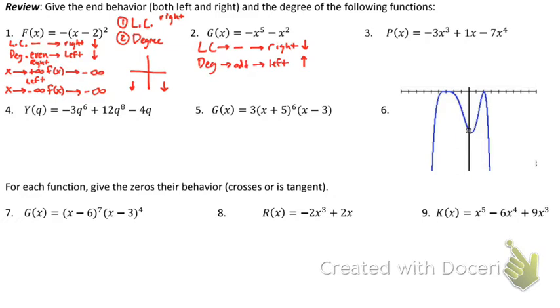So if I had to sketch this really quick, my right side goes down, but my left side goes up. Okay, and that's the important part this week because we're going to be graphing these things. How would I write it using function notation or end behavior notation? We do this again. We fill in the blanks.